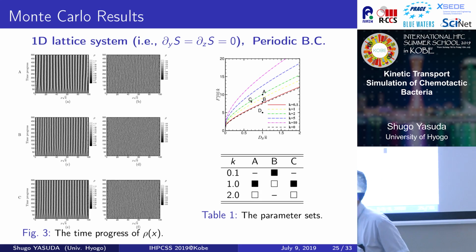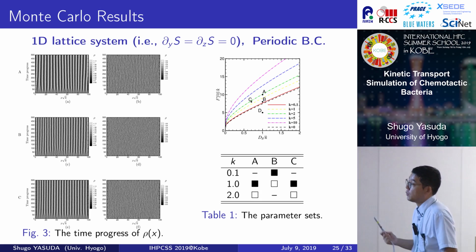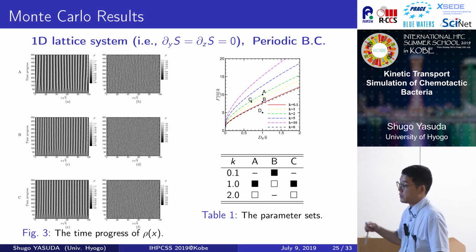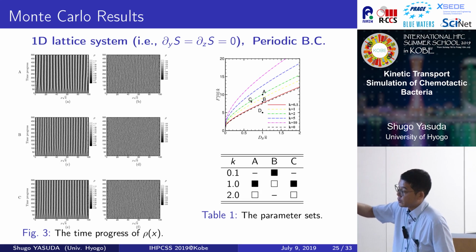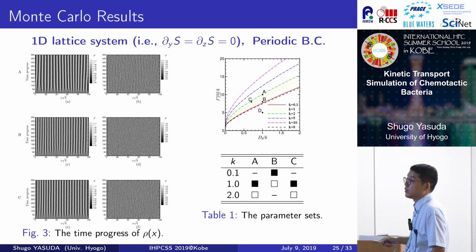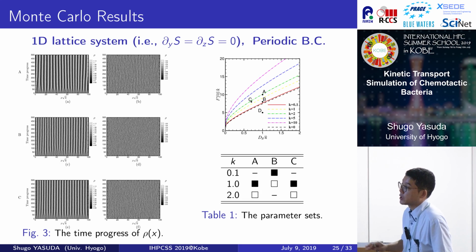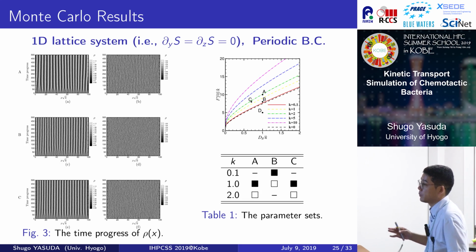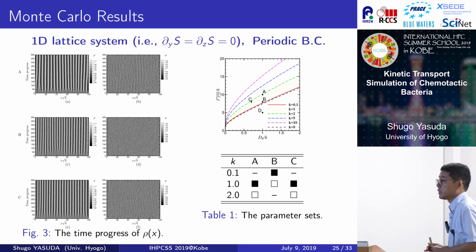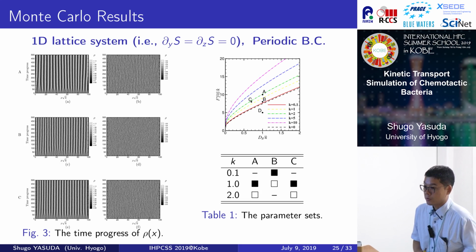The bacterial population density is first uniform, but as time progresses, when the stiffness is just above this neutral line, a periodic pattern is spontaneously formed. But if the stiffness is just below this neutral line, we cannot see such a periodic pattern. So this result demonstrates the sharpness of our instability condition.